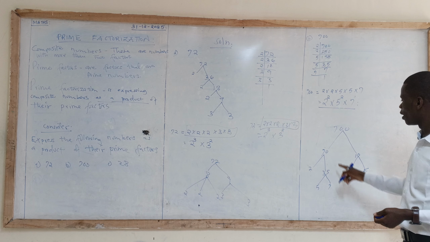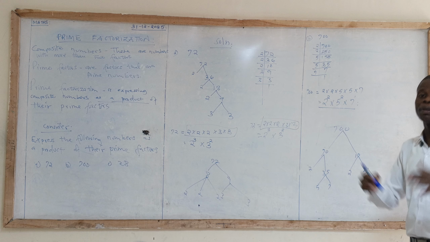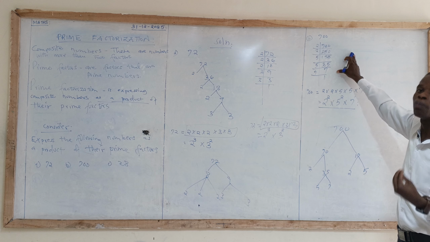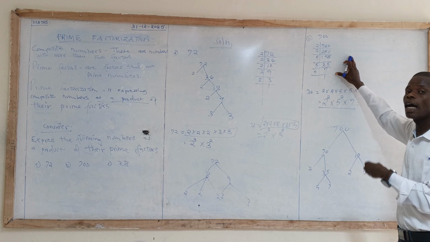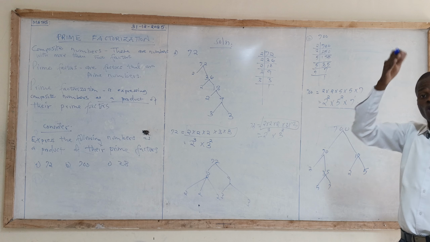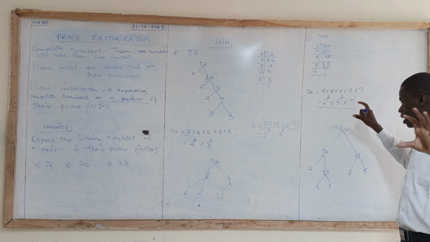So you see, this one is another way. Just take big composite numbers. Bigger composite numbers can be divided into smaller composite numbers. These smaller composite numbers can be divided into smaller composite numbers and prime numbers, and we can continue dividing the composite numbers until we come with all prime numbers.